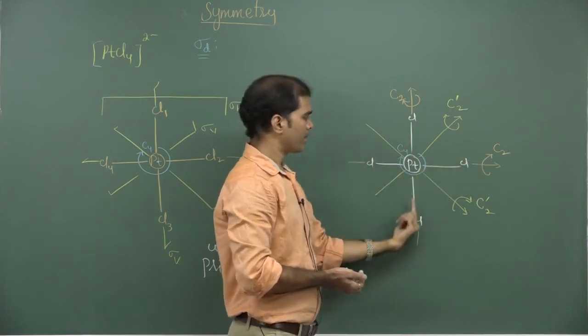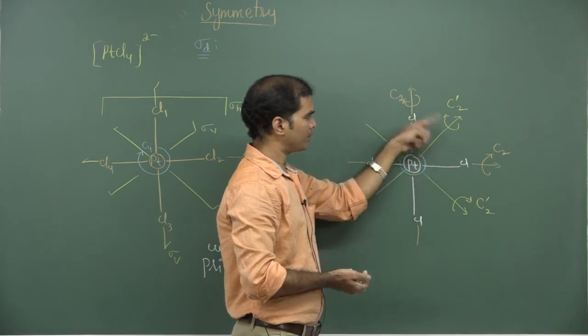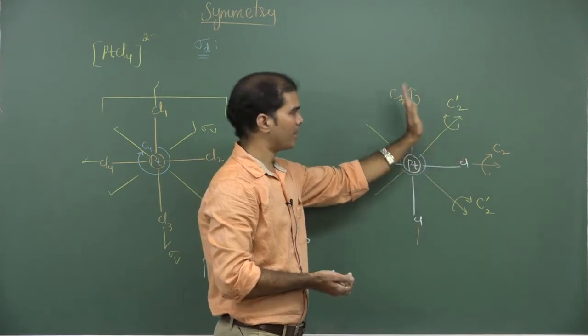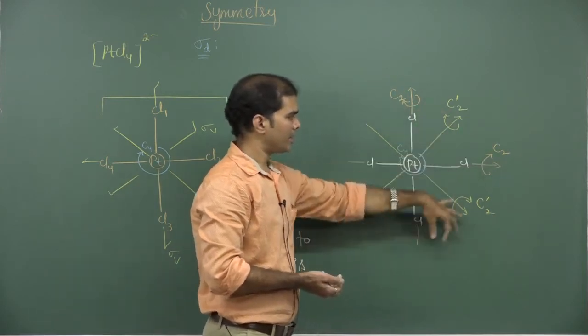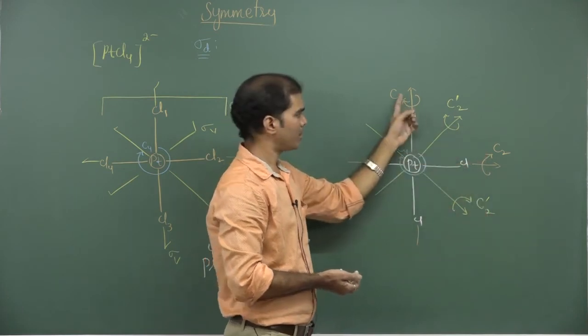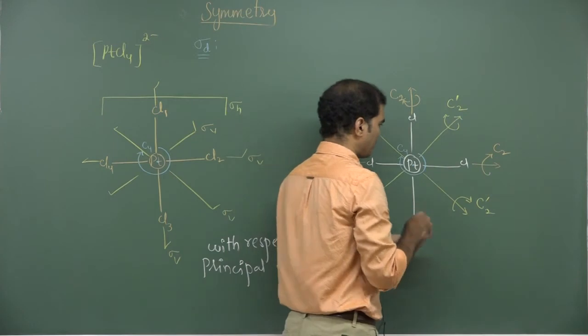So it is that angle subtended between two similar consecutive C2s. Consecutive means one after the other. Since in this example we only have two such C2s, you need not say consecutive, because that will be consecutive. Now let us put that angle.